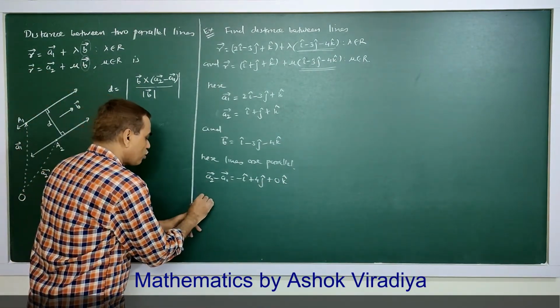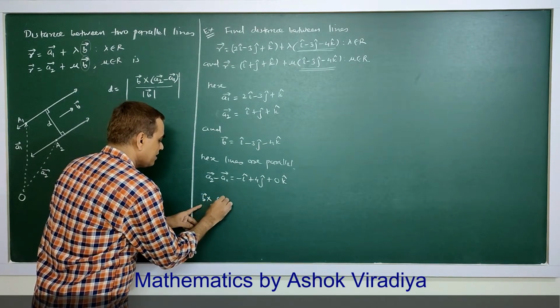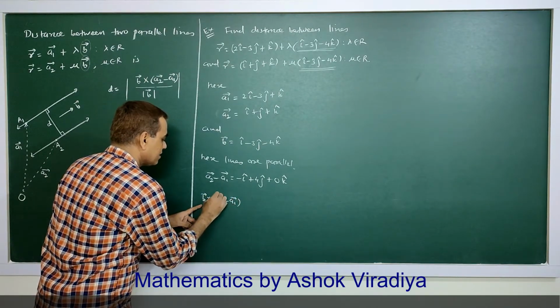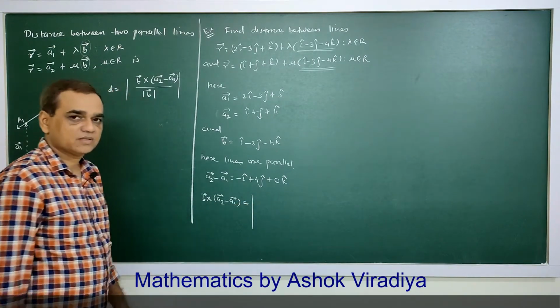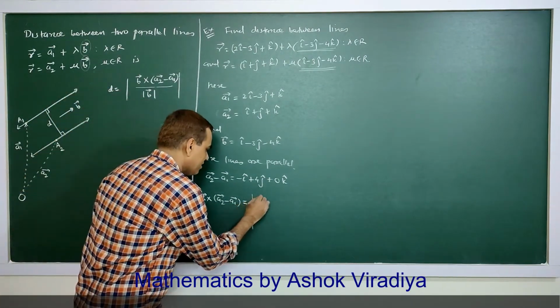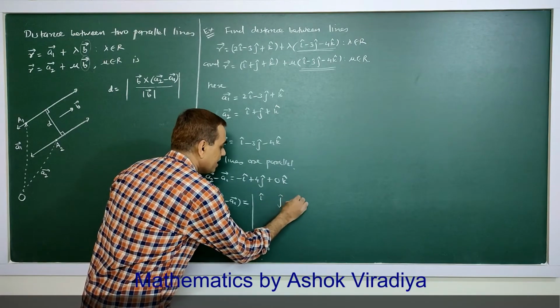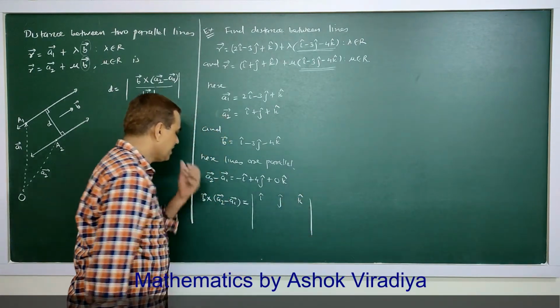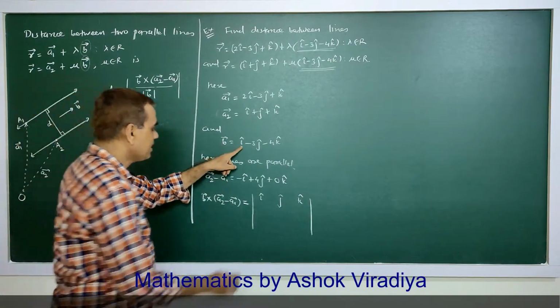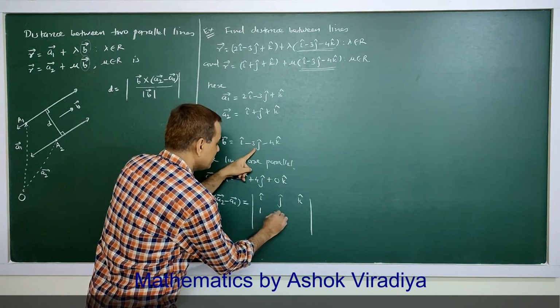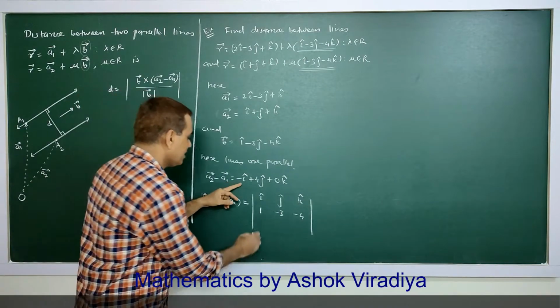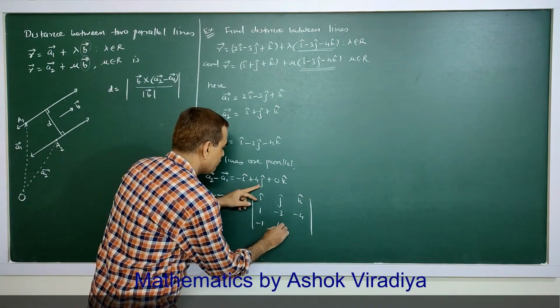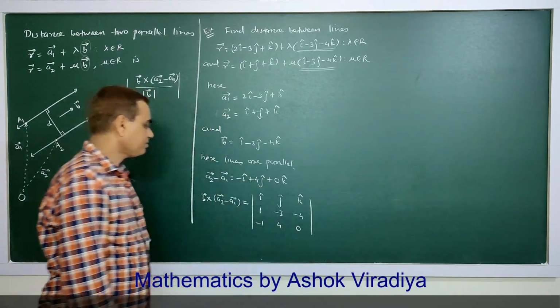Now we take the cross product of vector B with A2 minus A1. When taking the cross product, in the first row we put i, j, k. Then vector B, whose scalar components are 1, minus 3, minus 4. A2 minus A1 is minus 1, 4, 0.